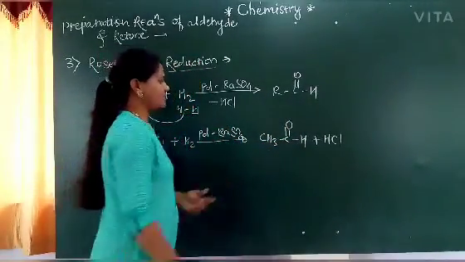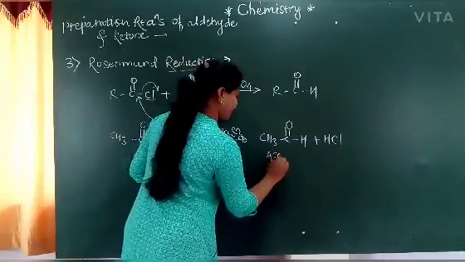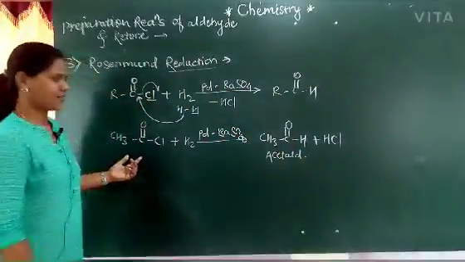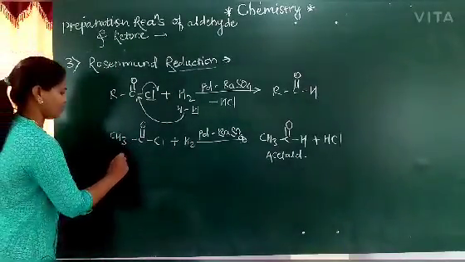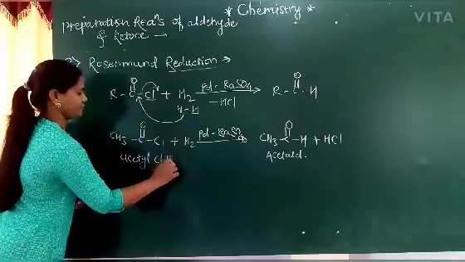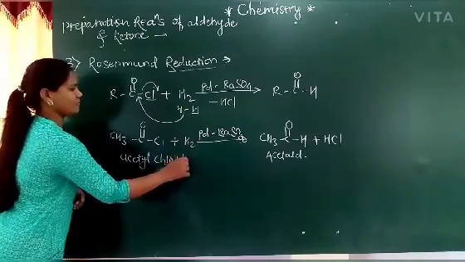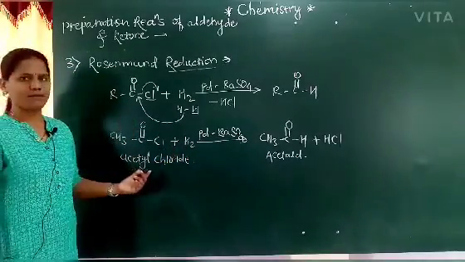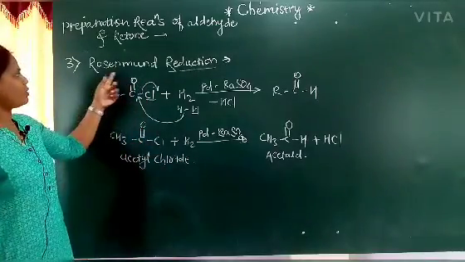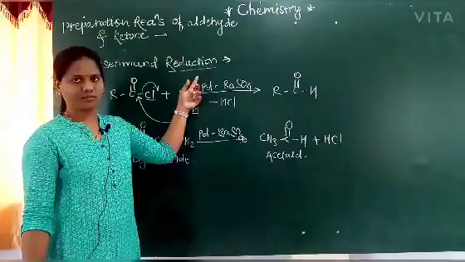What is the name of this? It is acetaldehyde. Always remember, you have to write the main reactant and main product name. This one is the acetyl chloride. Okay, this is the example we have seen, and this whole process is called Rosenmund reduction.